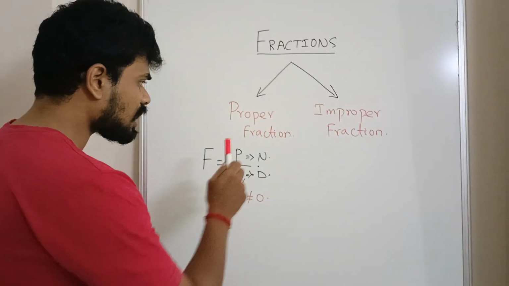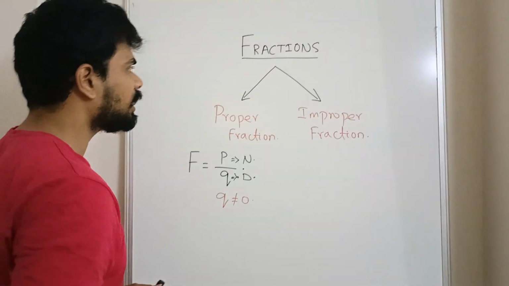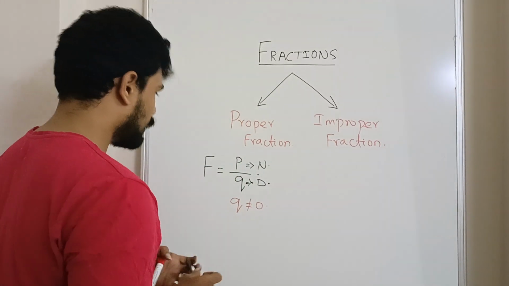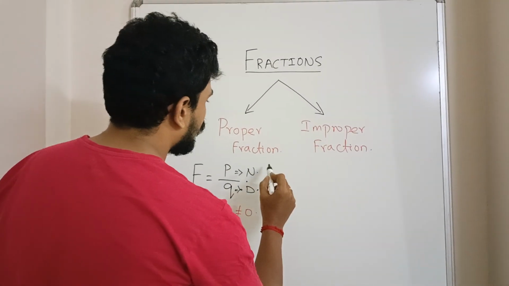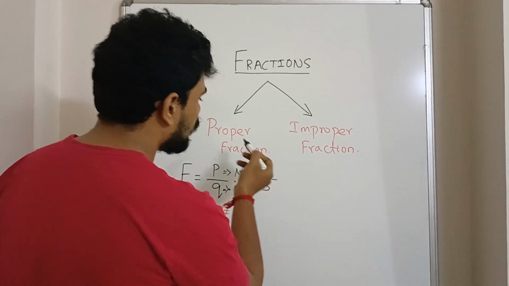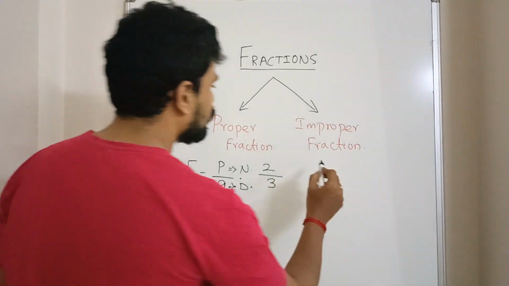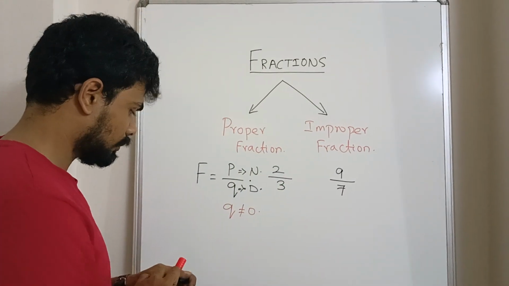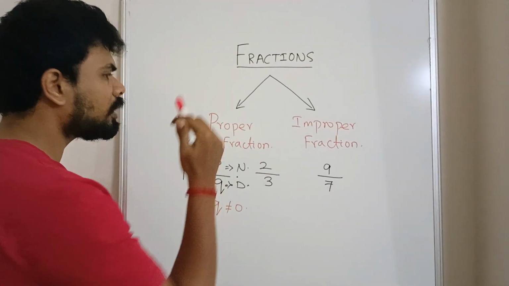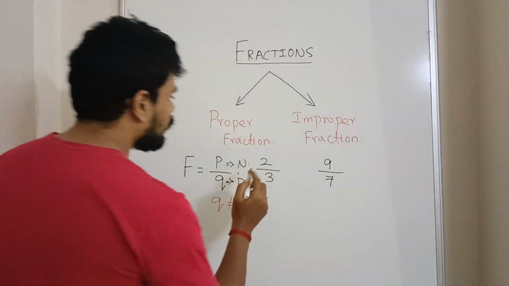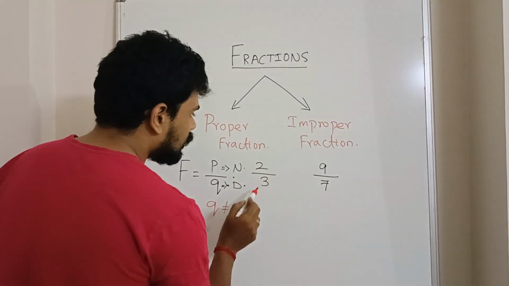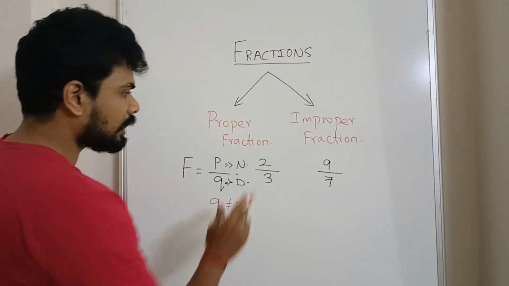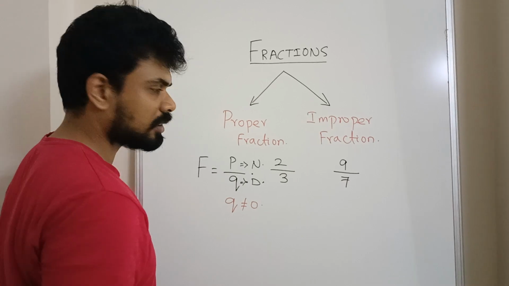Now, this fraction is divided into two types, proper fraction and improper fraction. Let's go with the example. 2 by 3 is an example for a proper fraction, whereas 9 by 7 is an example for an improper fraction. How are you saying 2 by 3 is a proper fraction? See, here numerator is there, denominator is there, and the denominator is not equal to 0, hence I can conclude they are 100% fractions.